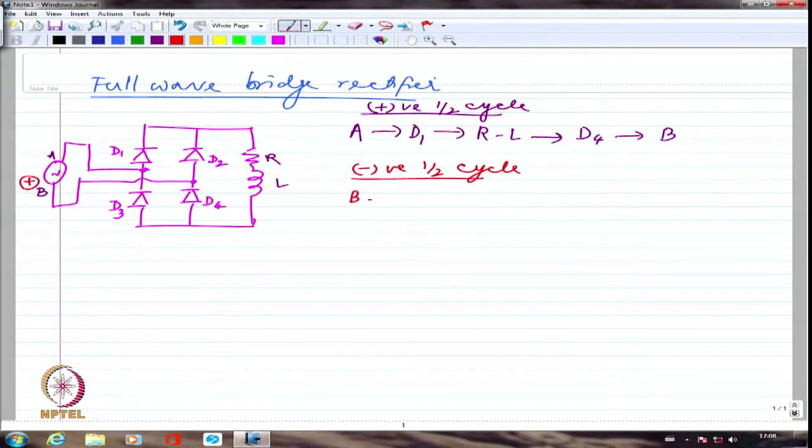So B, it will go to D2, from D2 it will go to R and L. So again the current will flow only from up to down, and then it will go through D3 and then back to A, right? This is the path.